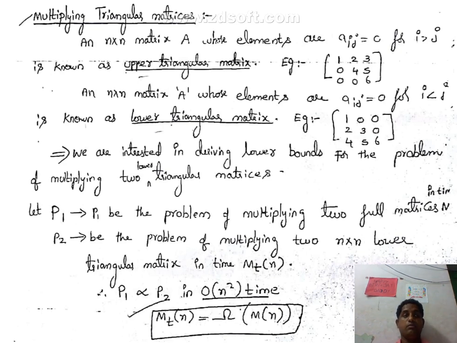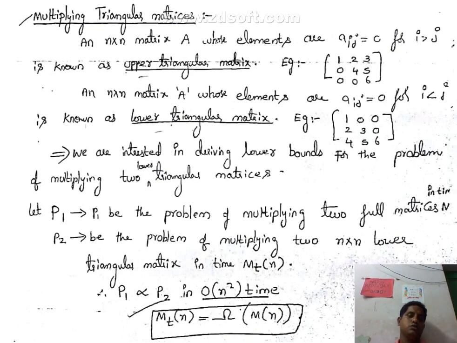An n by n matrix A, whose elements Aij equal 0 for i less than j, is known as a lower triangular matrix, for example 1, 0, 0, 2, 3, 0, 4, 5, 6.